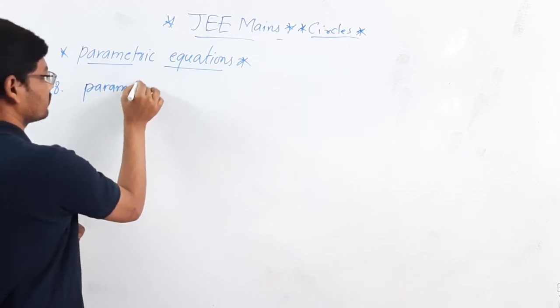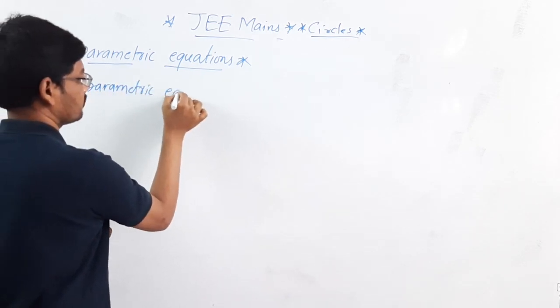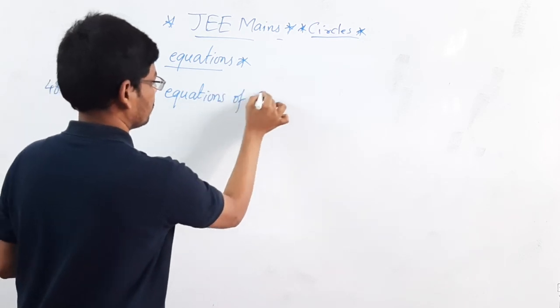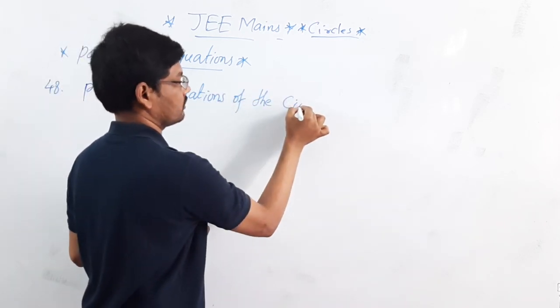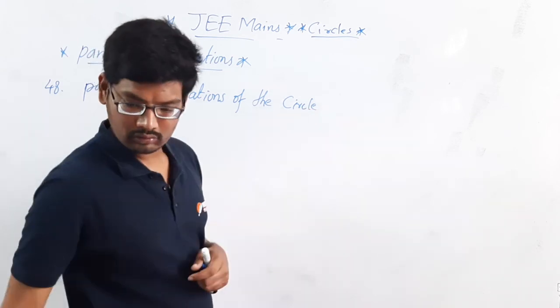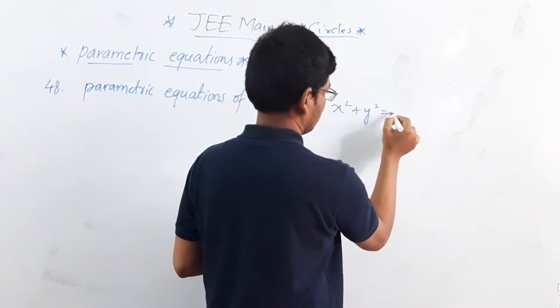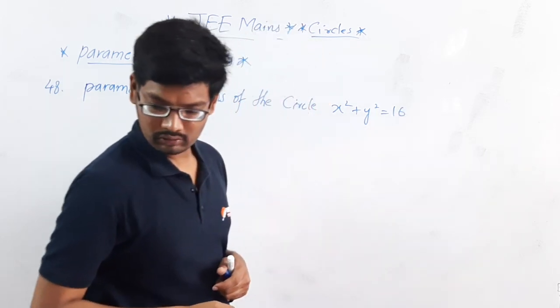Parametric equations of the circle x square plus y square is equal to 16.